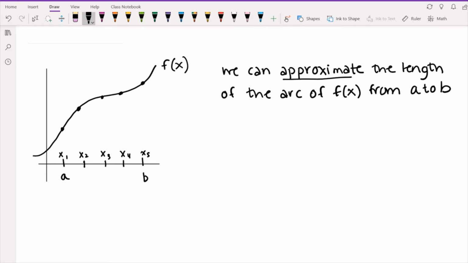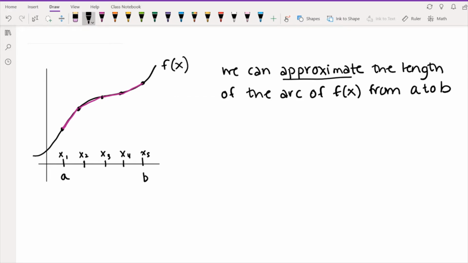So instead of finding the curved distance between these two points, we could find the straight line distance, right? If you took these straight line distances between each of these points, it wouldn't give you the exact length because it wouldn't capture all of the curves, but it would at least give you an approximation, the same way that rectangles can give you an approximation of area. It's a very, very similar idea here.